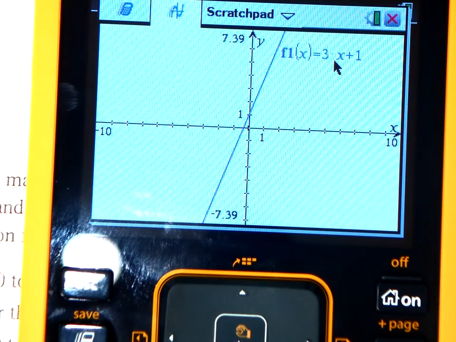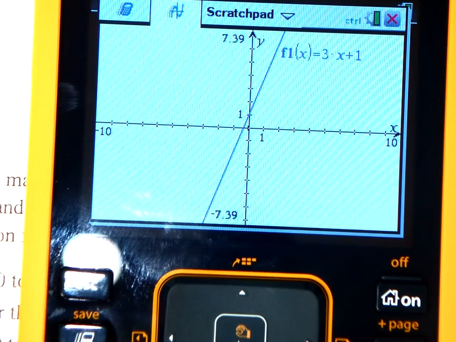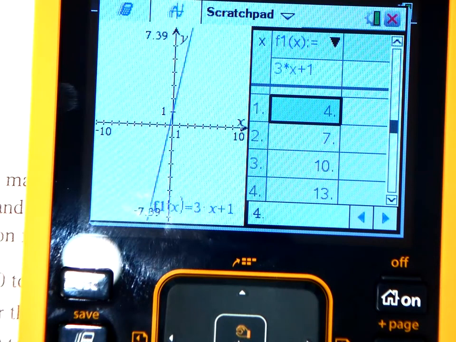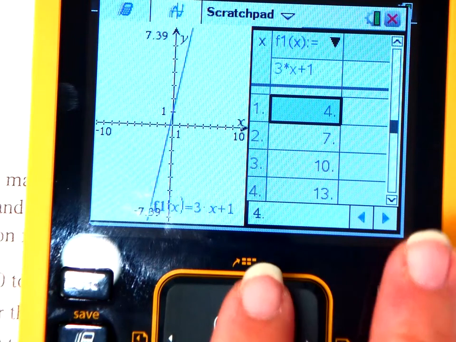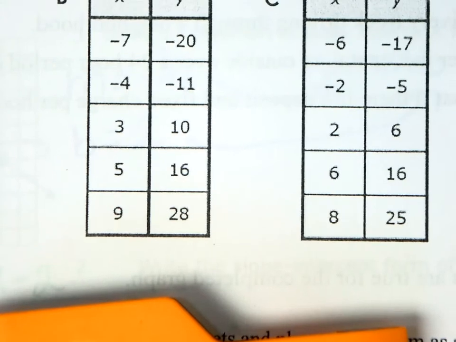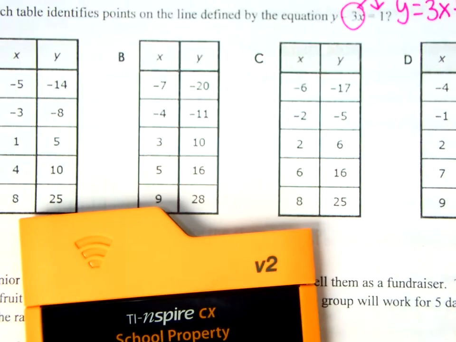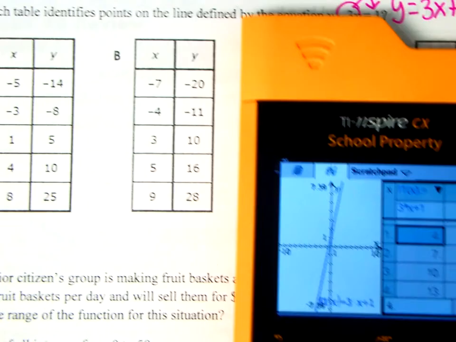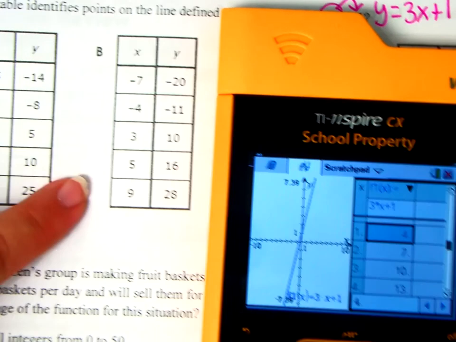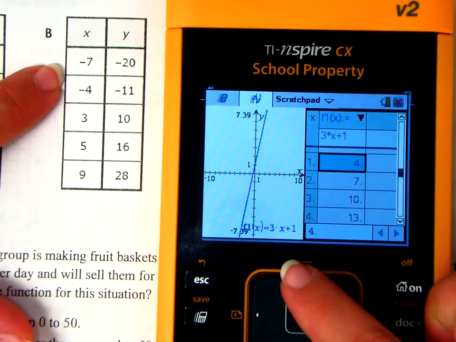To get to the table, push Control T. There's your table. So what I would do, if I was you, I would look at my tables here, and you need to find the one that has all those points. So let's look at B. It says x is negative 7.